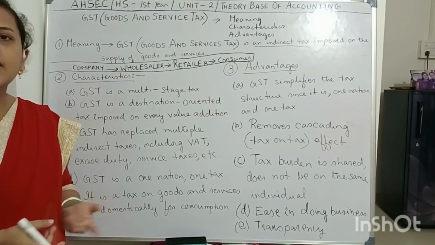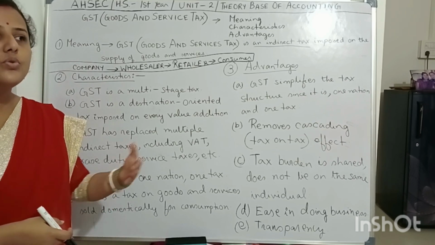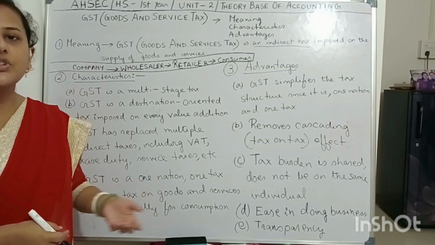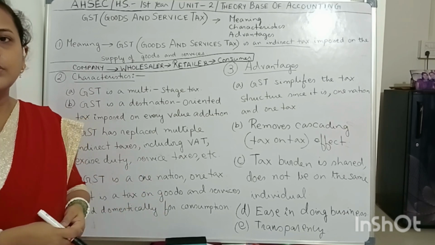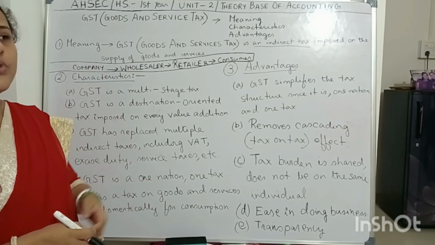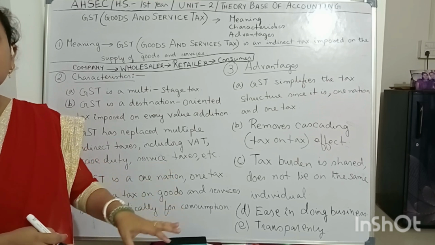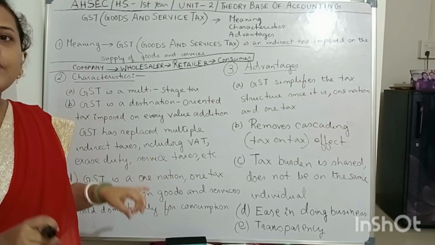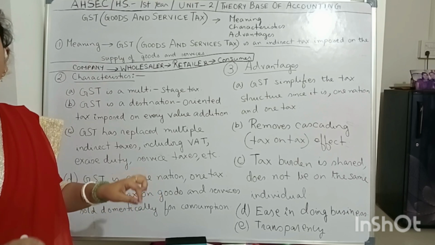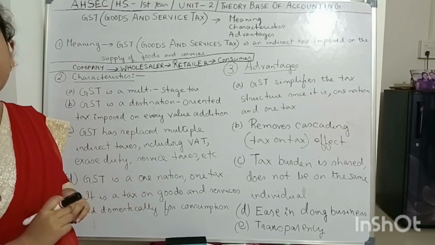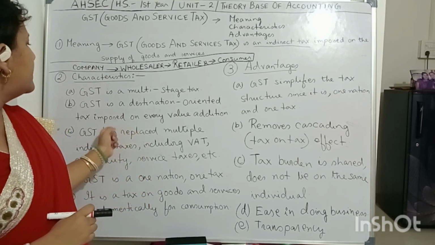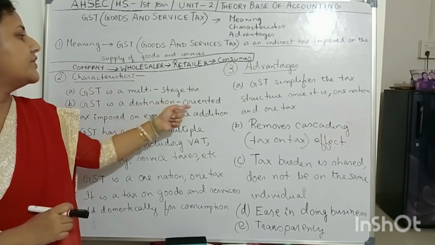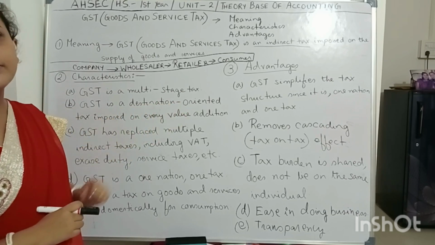Like we are residing in Guwahati, so we go to a shop, we purchase anything, and we pay GST of Guwahati, not of Delhi or Bombay. Wherever we are residing, we pay GST of that particular place. That is why GST is a destination oriented tax.